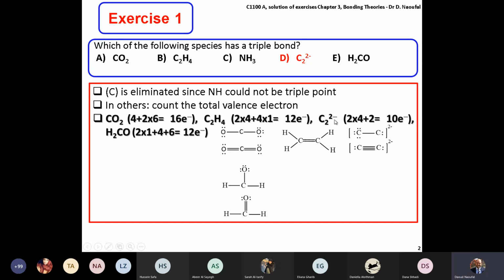For C2 2-, we have a total of 10 electrons, so we join the 2 carbons by 2 electrons. Then 10 minus 2, we have 8. The 8 are distributed on the outer atoms, so we distribute 6, and we have 2 electrons remaining. So 2, 4, 6, 8, 10.